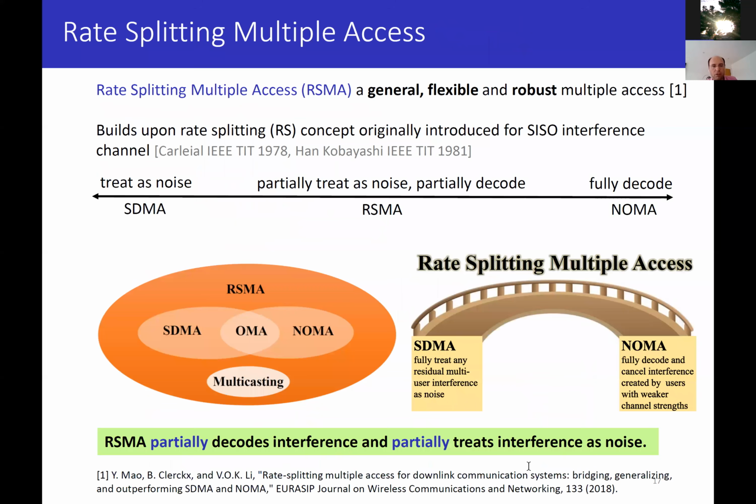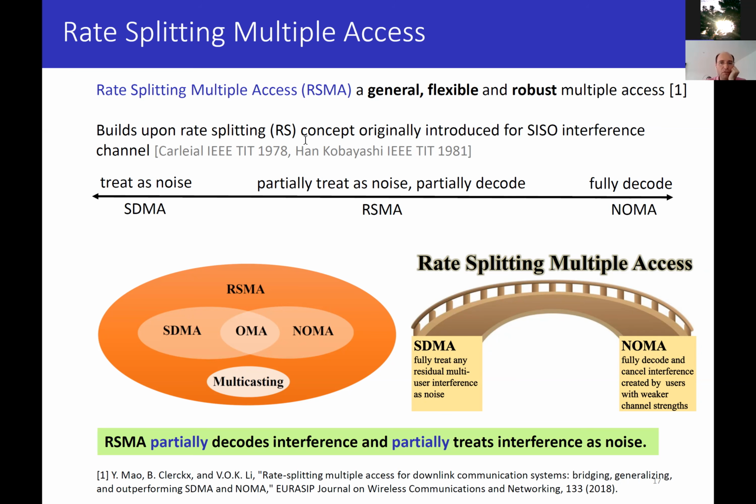Right, so rate splitting multiple access is a general, flexible, and robust multiple access technique. It's general because we'll see it encompasses SDMA, OMA, and NOMA as special cases. It's flexible because it deals with any interference level, and robust because it's inherently robust to imperfect knowledge of the channel at the transmitter. The idea builds upon the notion of rate splitting that was introduced for the single-antenna interference channels by Carleial and by Han and Kobayashi 40 years ago.